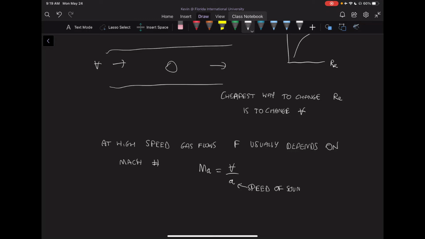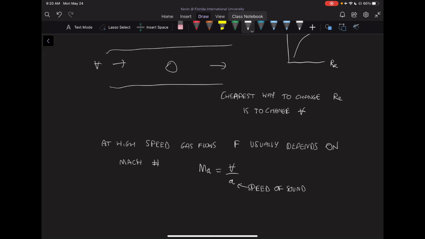So with the Mach number, we can relate our force, and it makes it very easy to solve our problems and to non-dimensionalize them, because velocity over speed of sound is a dimensionless parameter. If we have different velocities, we can now normalize our force in relation to the Mach number.